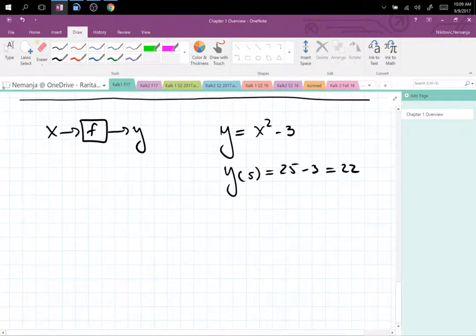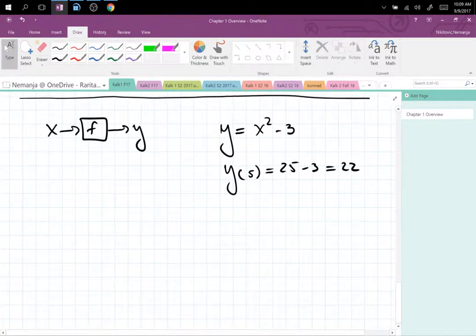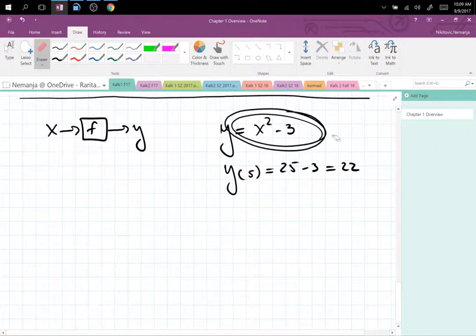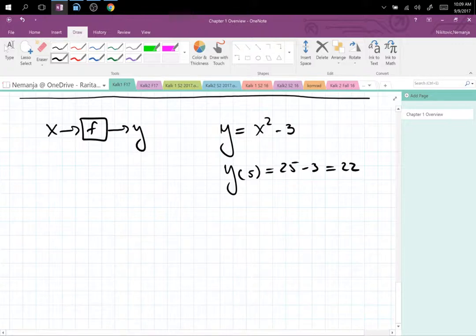Now, the function is technically representing all possible combinations of input and output using that particular formula at the same time. So it's really taking infinitely many of these pairs and writing them compressed into a single statement. So we can have an equation like y equals x squared minus 3.